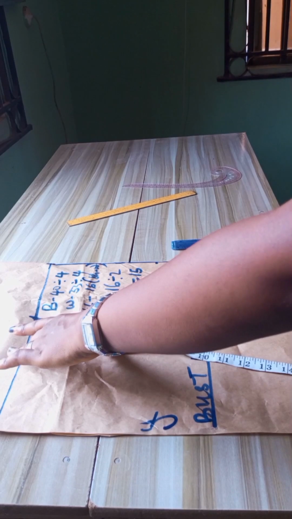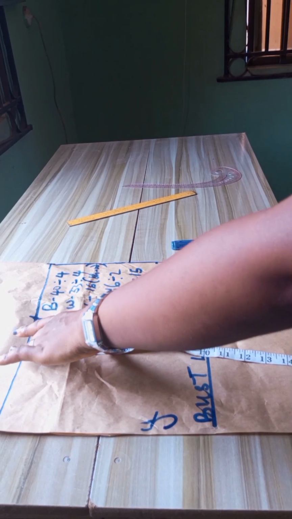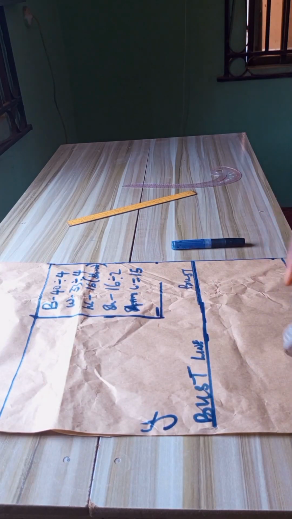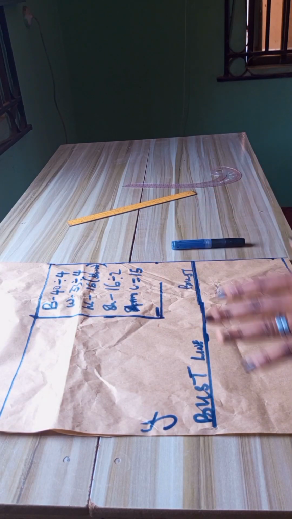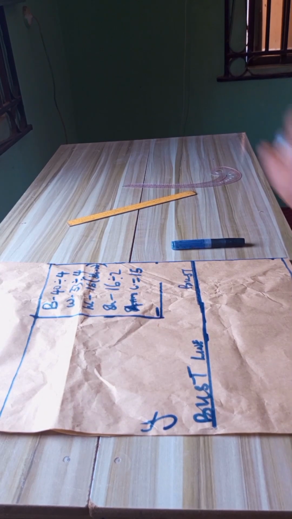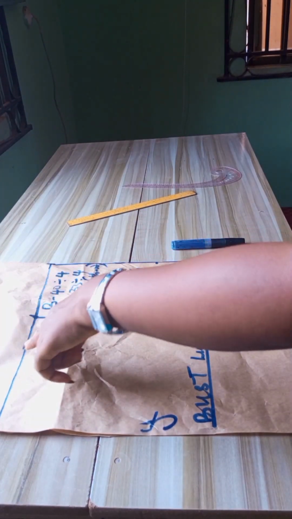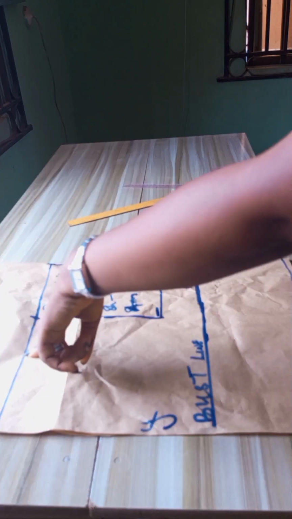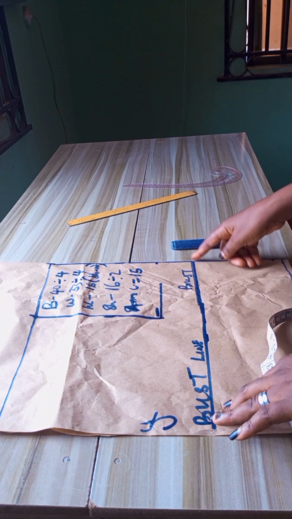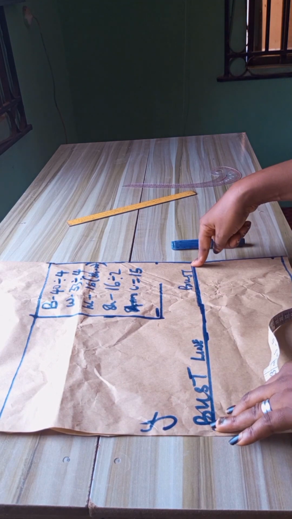From there, we rule a line. The line will be where you input your waist circumference. Do you get it now? The other thing we're going to do is measure from our shoulder to the nipple point. That is where we are going to input our bust measurement.